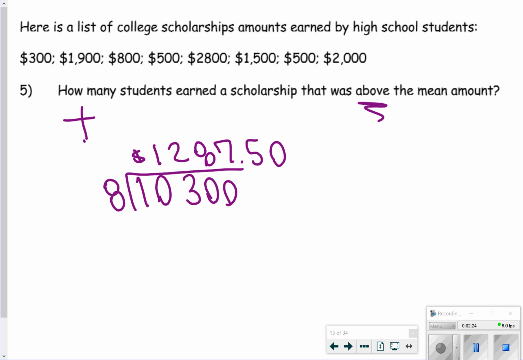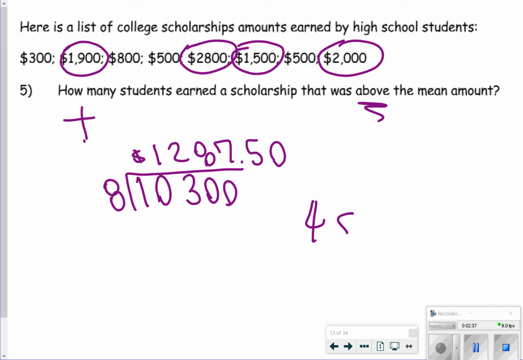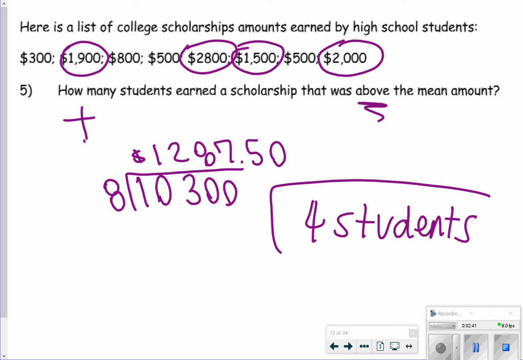So the mean amount is $1,287.50, which means all we need to focus on are the ones above that. 1,900 is above it, 2,800 is above it, 1,500 is above that, and 2,000 is above that. So there are 4 students who got above the mean amount for a scholarship.